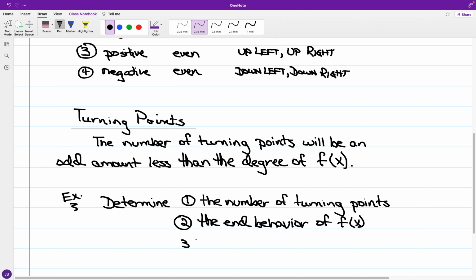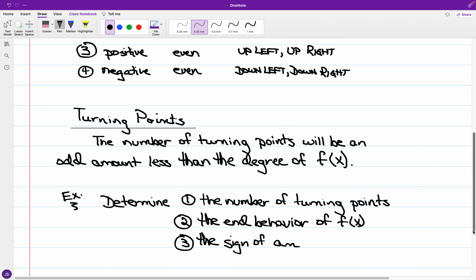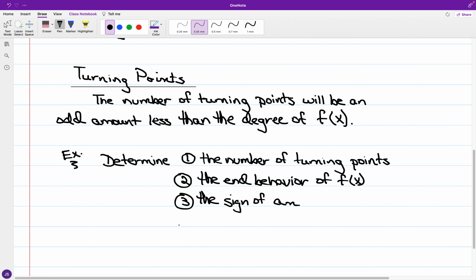And also the sign of the highest order term coefficient, so we're looking for the sign of a sub n, and also whether n is odd or even.